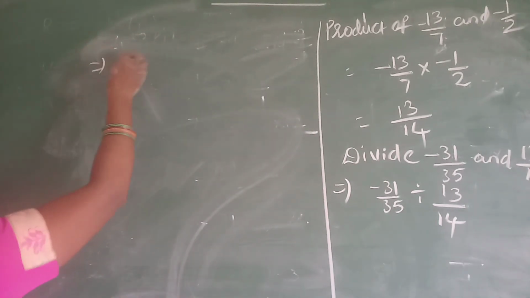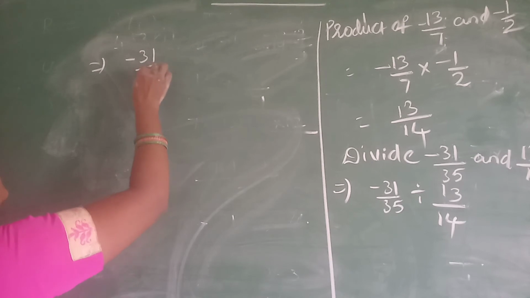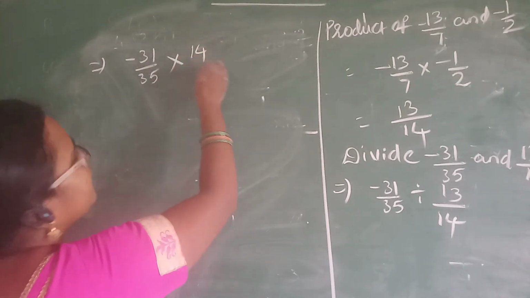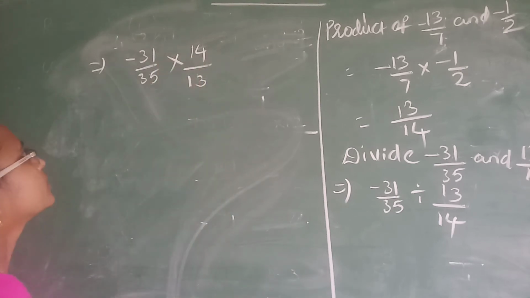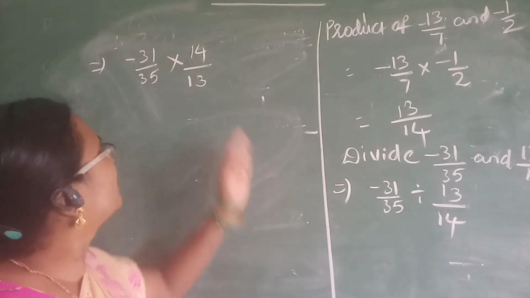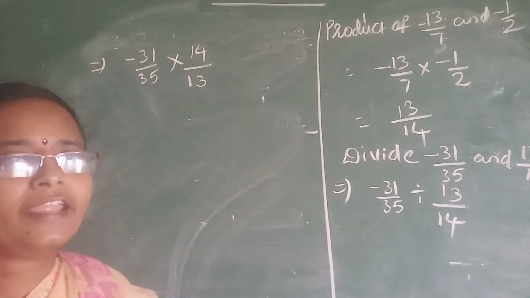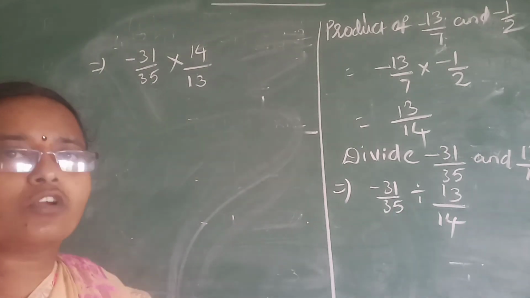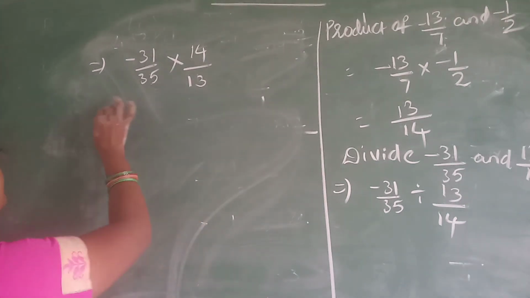It implies minus 31 by 35 into 14 by 13. So is any cancellation possible? Anyone here? All are co-primes to each other. Now just make the multiplication.